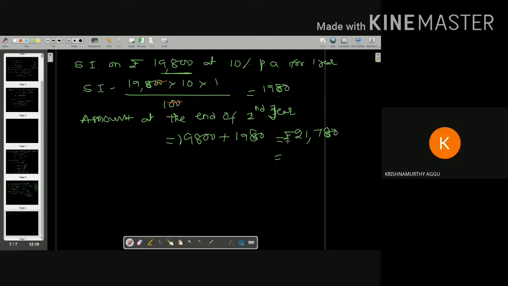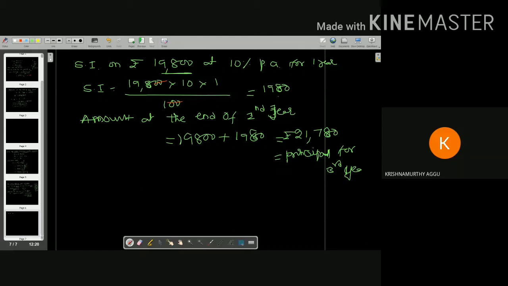Now another half year is there. This amount will be the principal for next half year. This is the principal for half year, or you can write principal for third year.